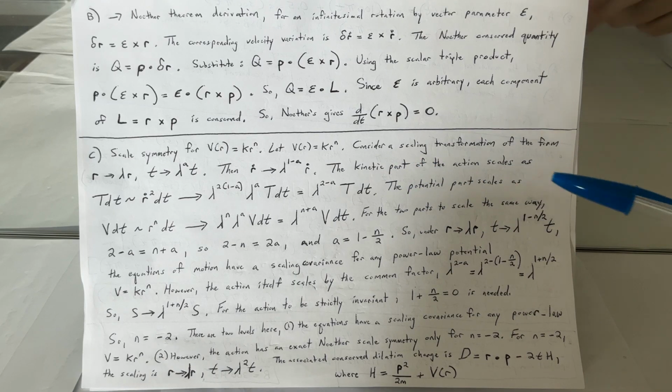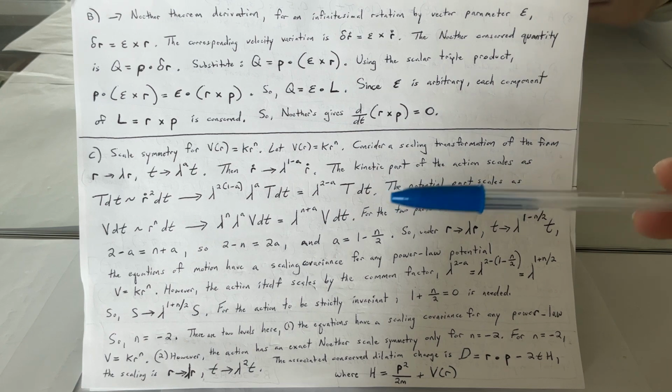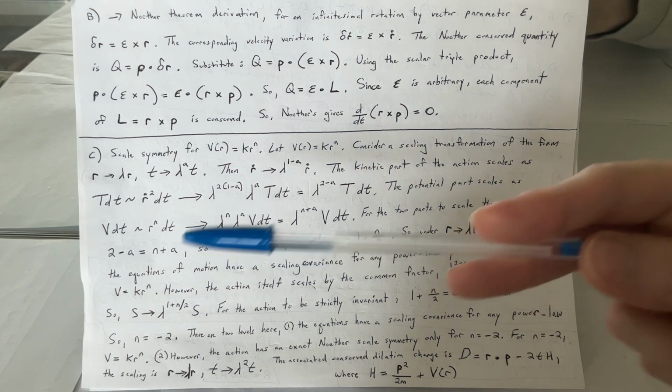And the kinetic part of the action scales as T dt, proportional to r dot squared dt, and it goes to lambda to the 2 times 1 minus a, lambda to the a, T dt, and that equals lambda to the 2 minus a T dt.